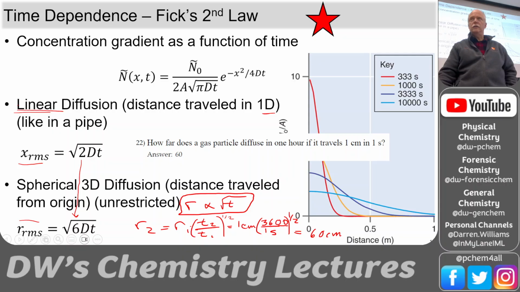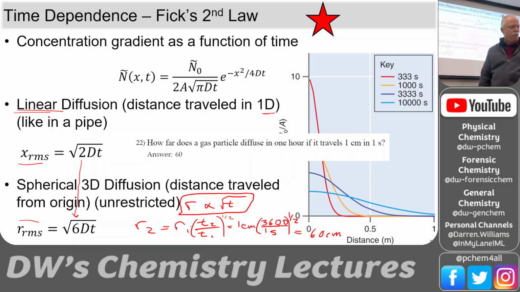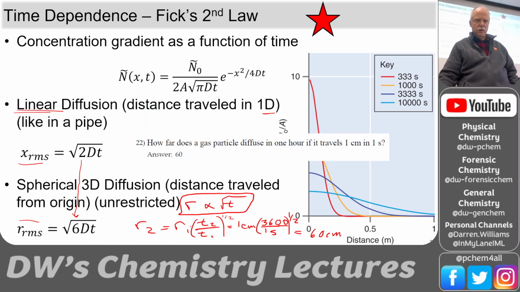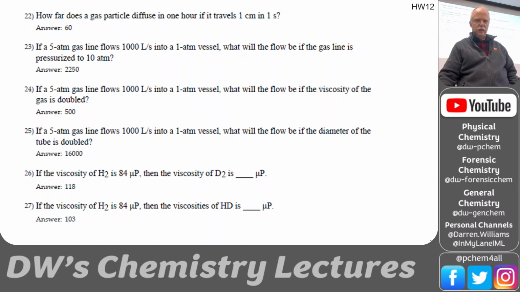Other homework questions? Yeah, Reagan said, hold on. On this one, let's see which one. 23 through 27. Okay, that's Poiseuille's law, at least 23, 24, and 25, what we did today.